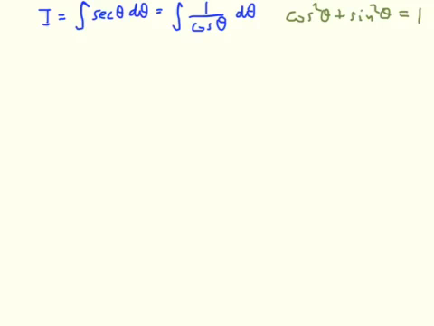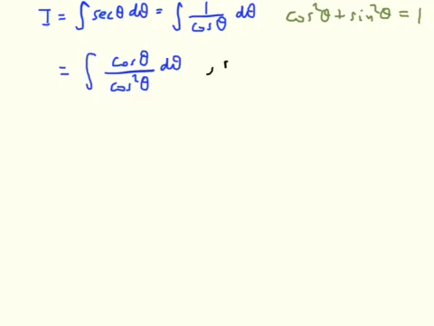So if I want to use this identity, I'm going to turn this cosine into cos squared, and the only way I can do that is by multiplying top and bottom by cosine. So I can write my integral, multiplying the top and bottom by cosine, as cos theta divided by cos squared theta d theta.